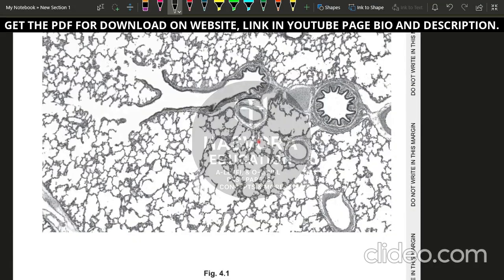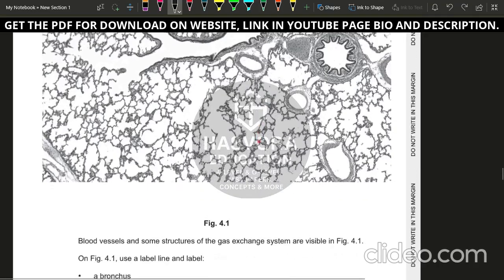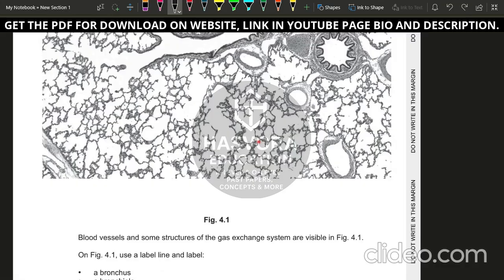So you can see these structures actually. This is a vein, because I can clearly see it has a large lumen, and this one has a smaller lumen, so this is possibly an artery. Okay, you can label any one of them as a blood vessel, because they are asking you to label a blood vessel. So this one is your blood vessel.